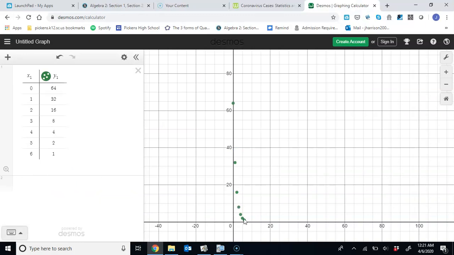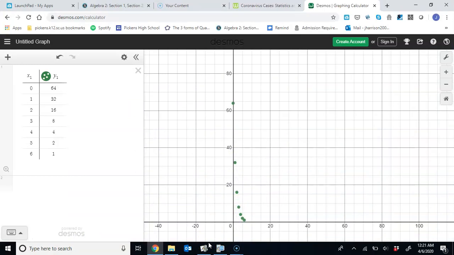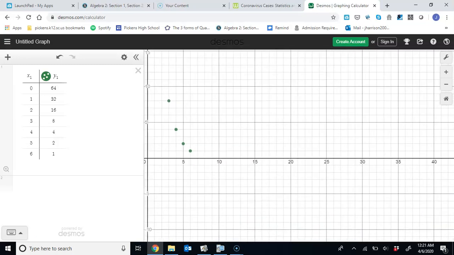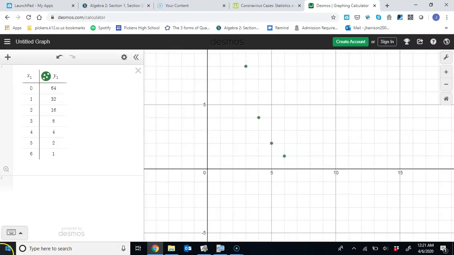Now, in real life, with this example of March Madness, you're not going to go below 1. But if you kept cutting it in half in a graphing situation, what you would notice is that if I kept on going, let's see if we can get this to zoom in again. All right, go back and zoom in on those lower points there.